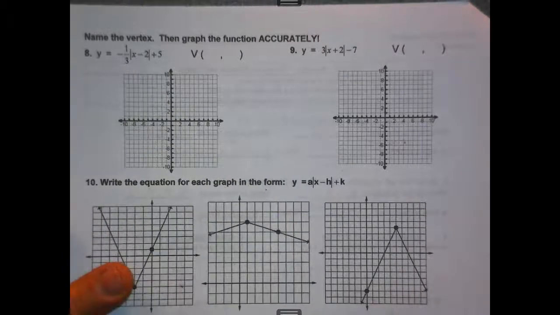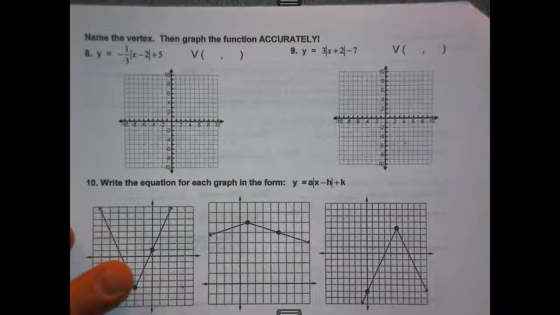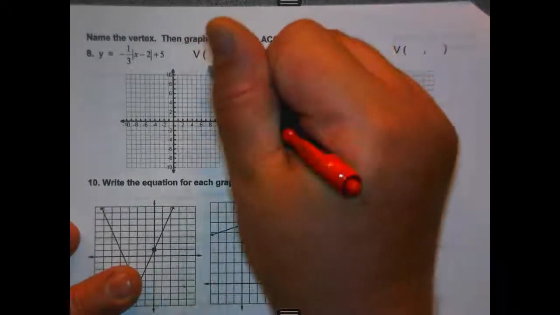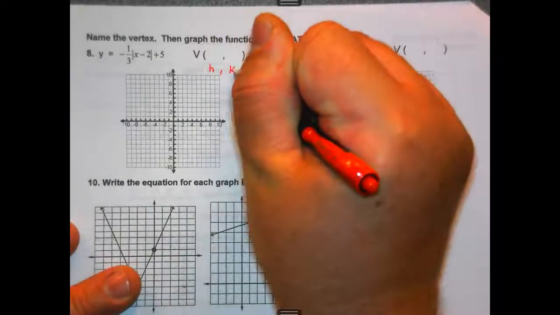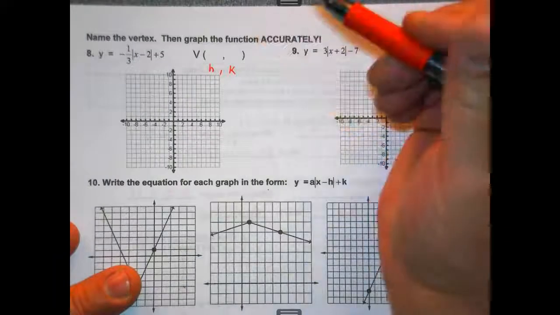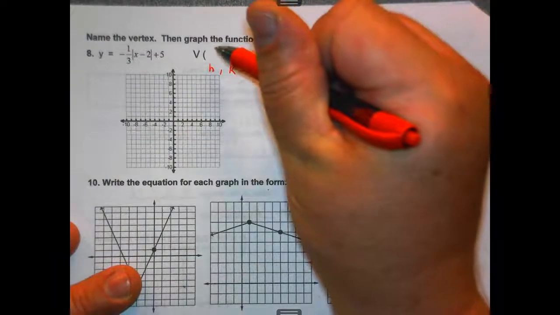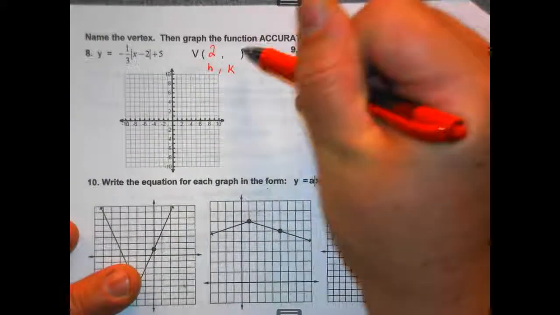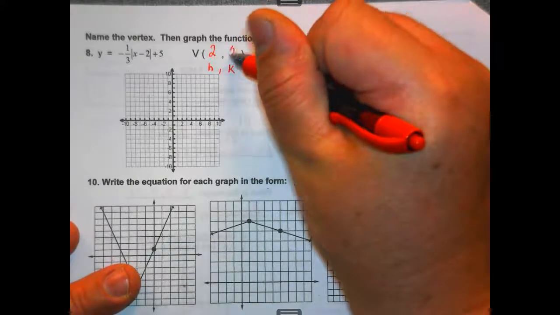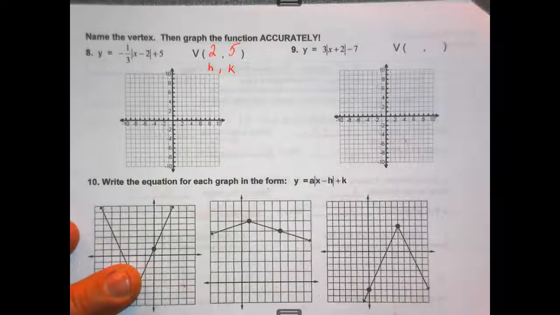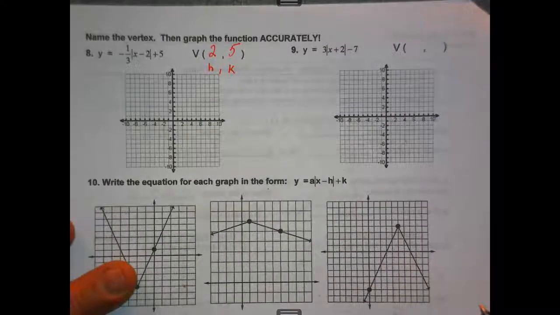Okay, so what's my vertex for the absolute value function? (h, k). What's my h? It's positive 2, opposite the sign. And what's my k? Same sign. What's my A?